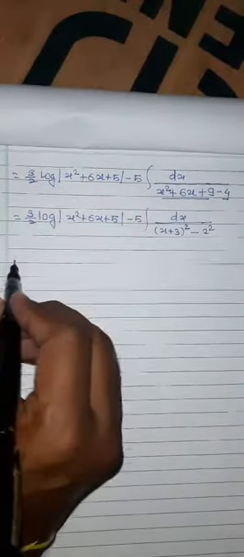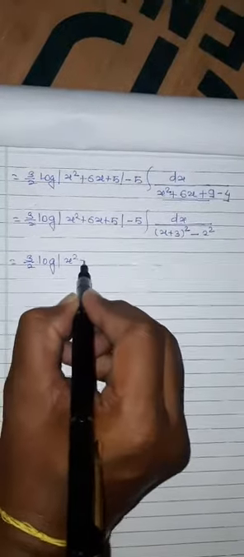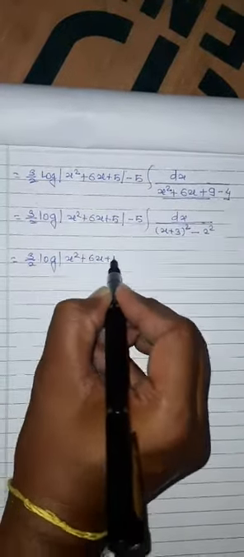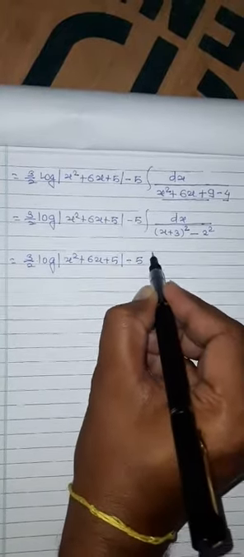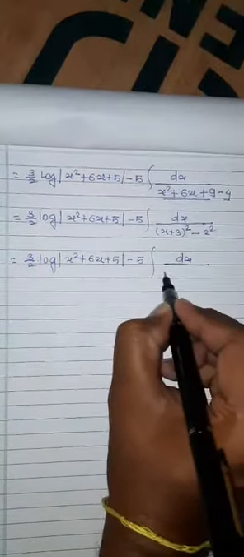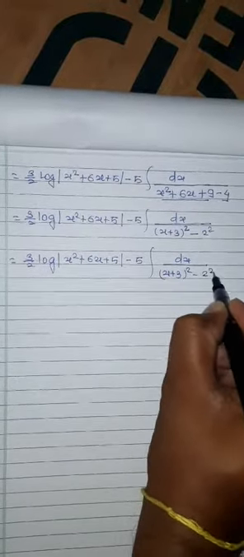Then simplify using this rule: 3 by 2 log of x square plus 6x plus 5 as it is, minus 5 times the integration of dx upon x plus 3 in brackets squared minus 2 squared.